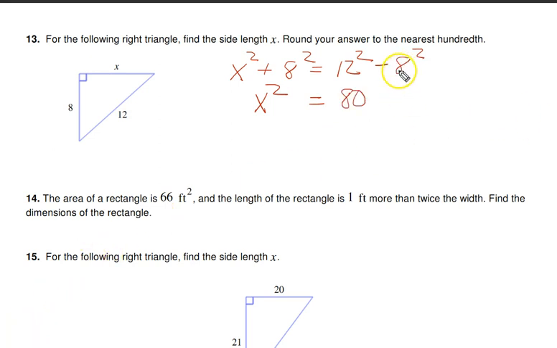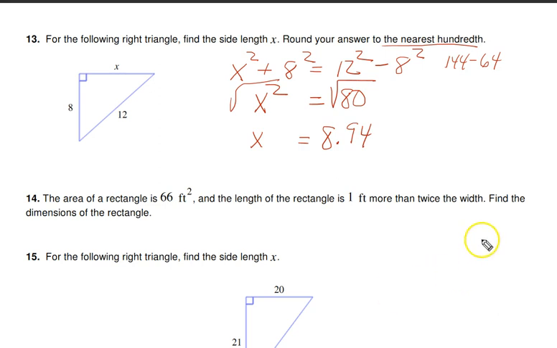And that's an 8. So this is 144 minus 64 is 80. And then I take the square root of this side and get x, and take the square root of this side and put that in your calculator, round it to the nearest hundredth, and I get 8.94. And that's my answer.